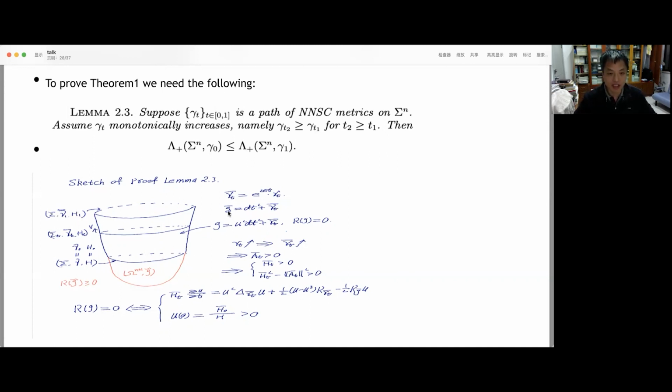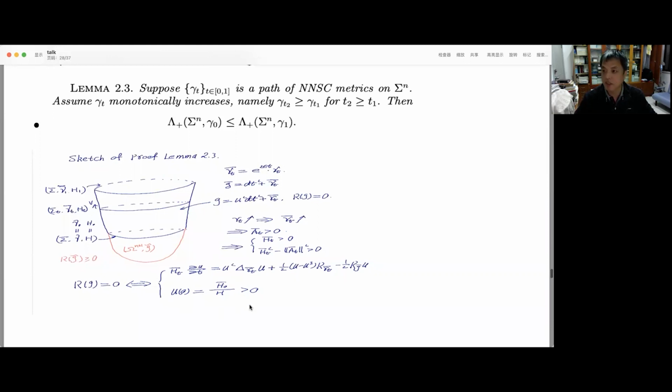Let g bar be like this, which is defined on the cylinder, here outside is Omega, and gamma_t is defined like this, and then we try to modify this background metric g bar in this way. u is a function so that the scalar curvature of g is equal to 0, and the mean curvature of this boundary with respect to this g is equal to H naught. And this requirement is actually equivalent to the following evolution equation, with such kind of initial data.